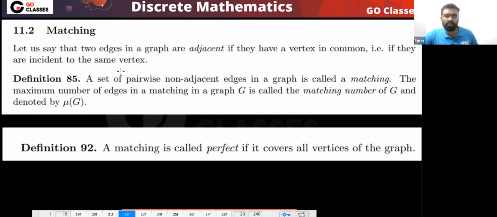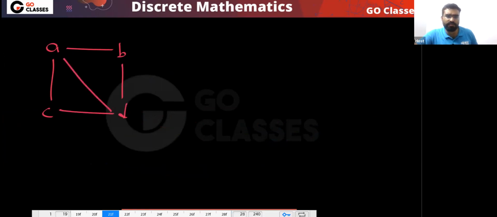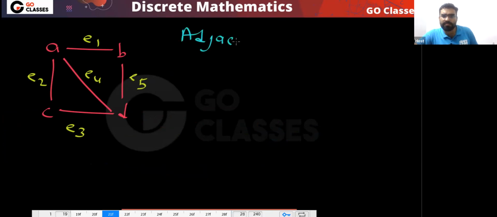Now let's see the definition of matching. Already you know, if I give you a graph, when can I say two edges are adjacent? We have already seen this. For example, this E1, E2, E3, E4, E5. Tell me, what are the adjacent edges?